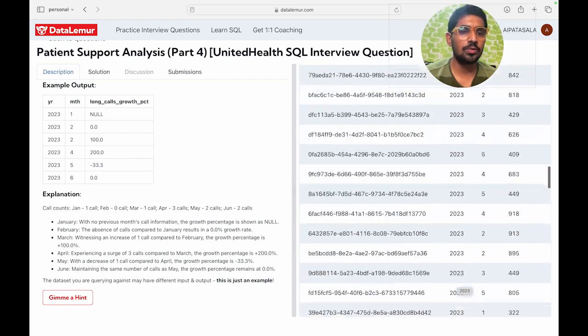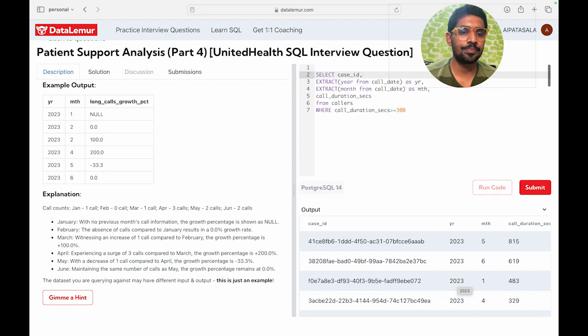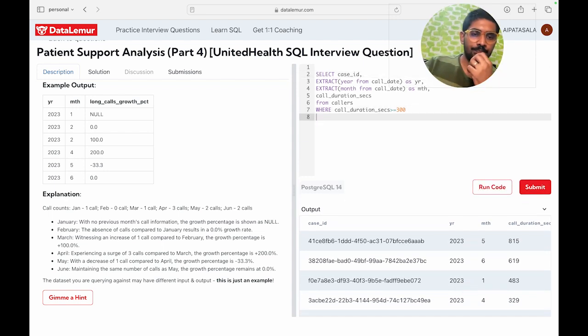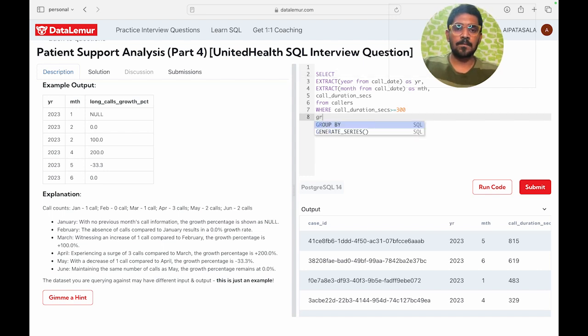So only 2023 data we have. Great. Let us group by year comma month.